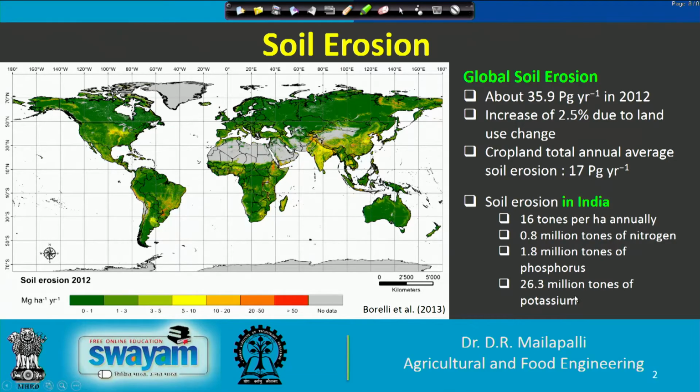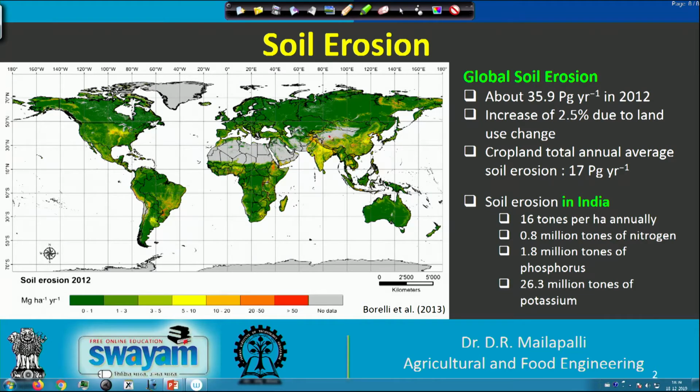If you see the global map, it is clearly showing the different amounts of soil erosion across the globe. And if you see India especially, the soil erosion is basically between 5 to 20 megagram per hectare per year.